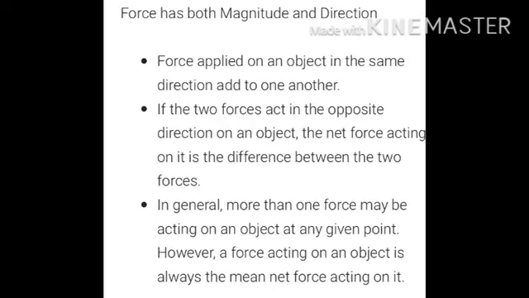If two forces act in opposite directions on an object, the net force acting on it is the difference between the two forces. In general, more than one force may be acting on an object at any given point. However, the force acting on an object is always the net force acting on it.